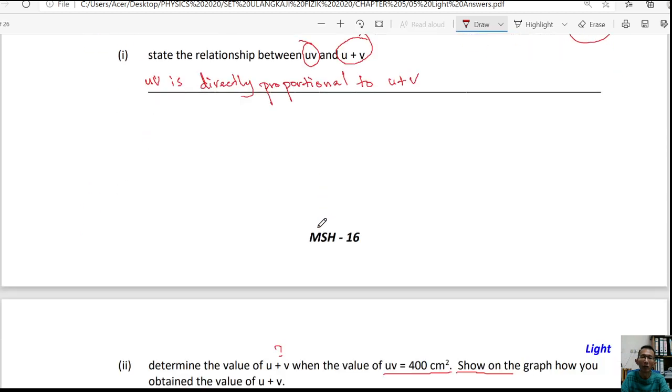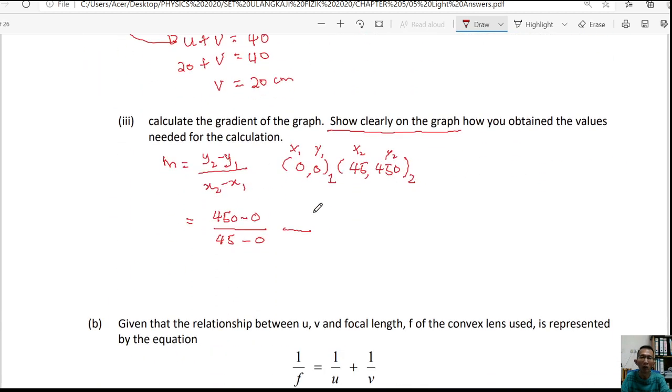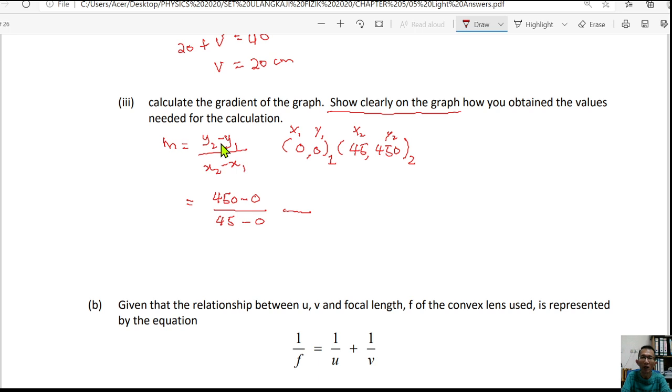So now we solve the question. That will give you 10 centimeter. The cm you can cancel, so you are only left with 1 cm.